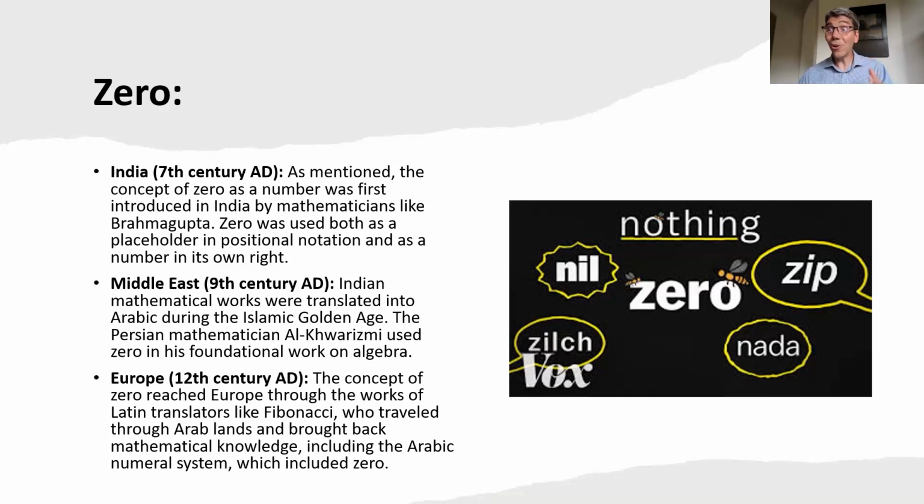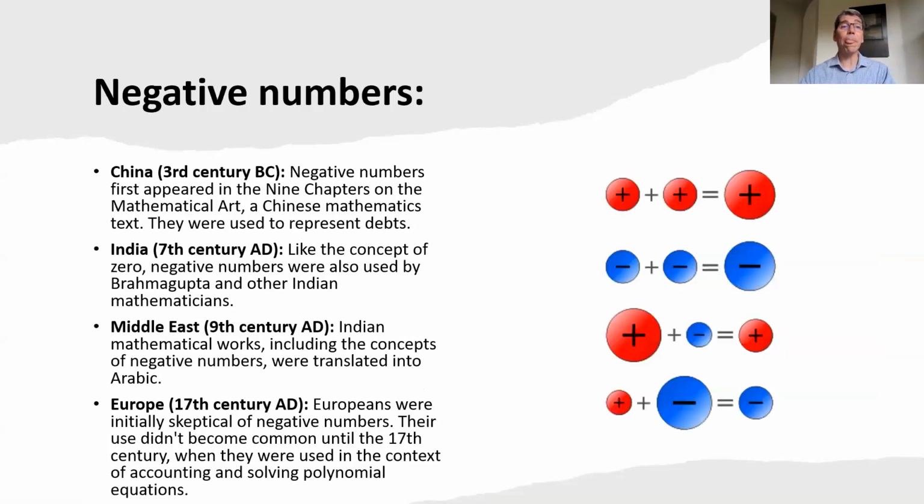So all these concepts actually came to Europe pretty late, really, if you think about it. The concept of negative numbers was first developed in China. From China, then they were in India, from India to the Middle East, and then they reached Europe in the 17th century. So really, we have this concept kind of very late reaching us.